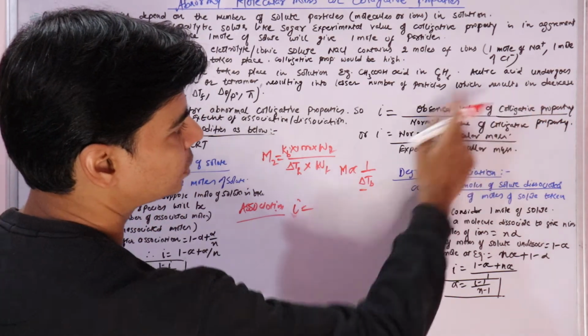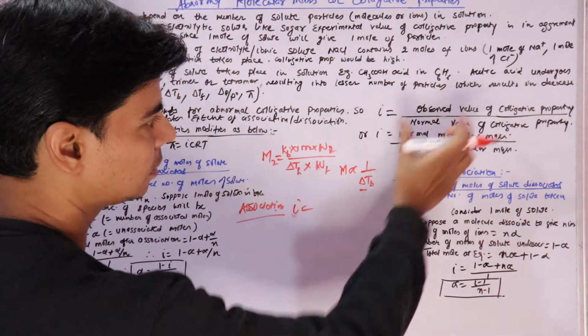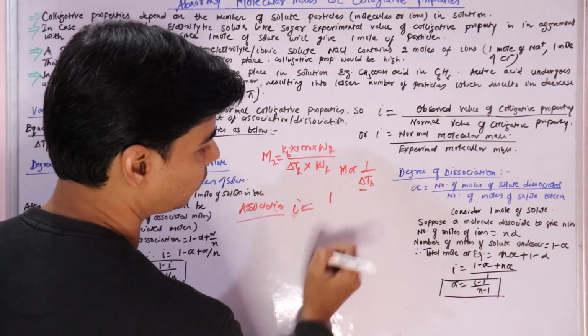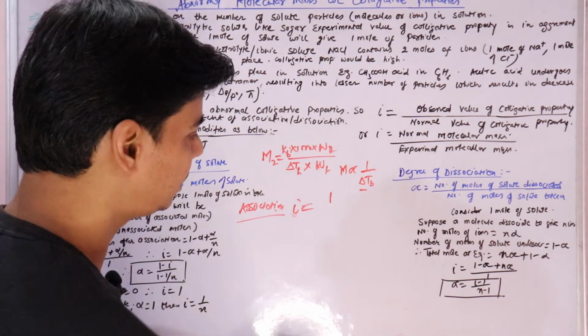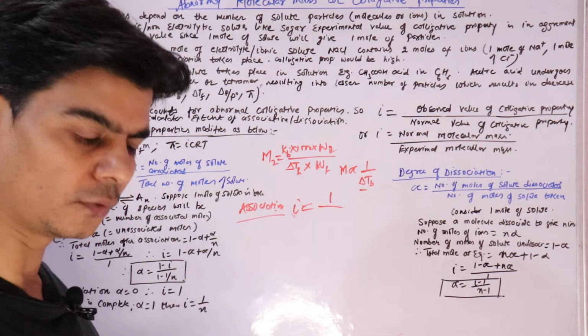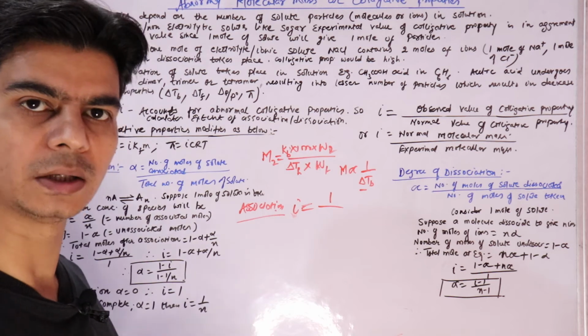So the observed value of colligative property in case of association was 1, where two particles combine to give one particle, and the normal value of colligative property was due to two particles.